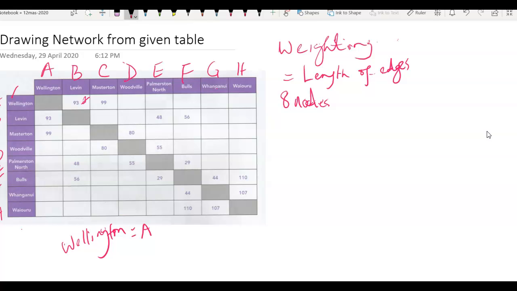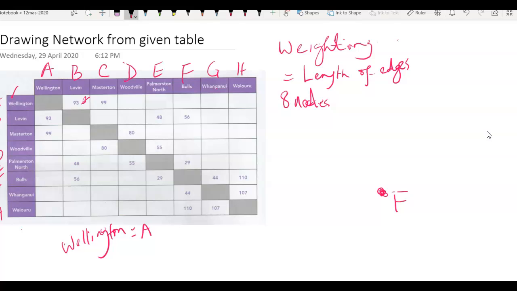Palmerston North is 3, and Bulls is connected to 1, 2, 3, 4. So Bulls will be in the central position, and Bulls is basically F.